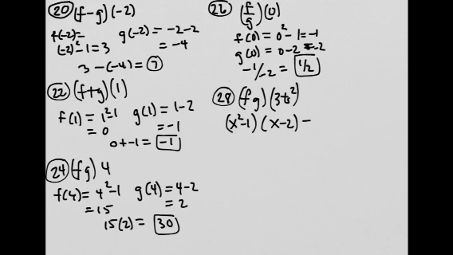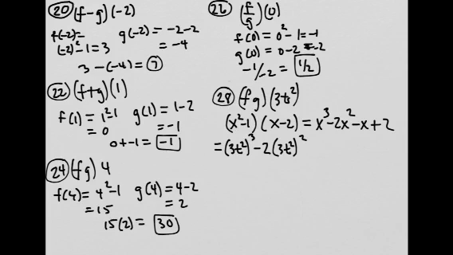I'll multiply those together so I get x cubed minus 2x squared minus x plus 2. So it's already in standard form, right? So now I'm going to replace all the x's with 3t squared. So this becomes 3t squared cubed minus 2 times 3t squared squared minus 3t squared plus 2.